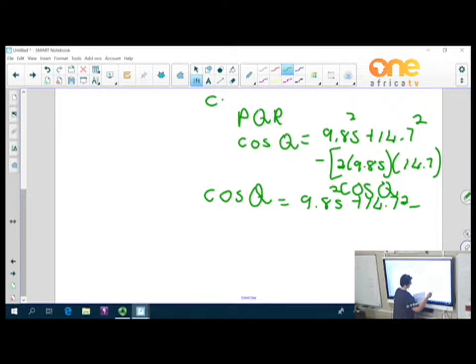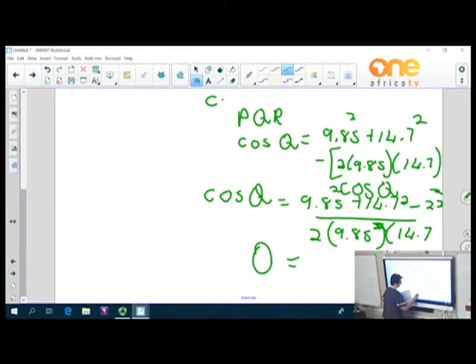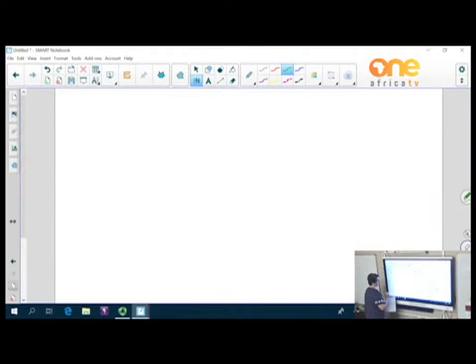And now we have to minus PR, which was 22, over 2 times 9.85 times 14.7. And then second function, cosine, and my angle is 129.9 degrees. So we'll have to use the cosine rule where we find the angle then there.